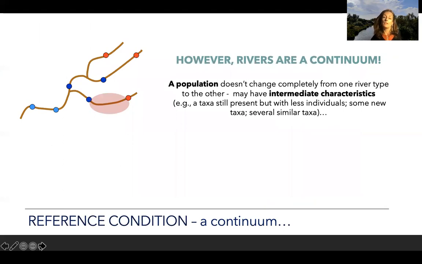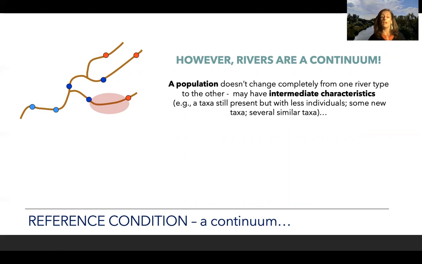However, we can consider other possibilities and think that a river is a continuum and not really divided in pieces as we consider in the typology. So, for example, this area that is between two types of rivers, this type red and this type blue, has in fact intermediate characteristics.